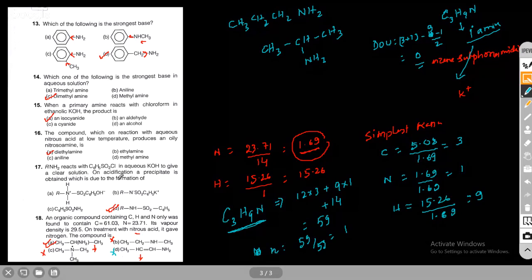So there are many methods to cross check this. We can draw these two structures for which DOU is 0, primary amines, and only this one is given in the options. That's why option A is correct. Is it clear?